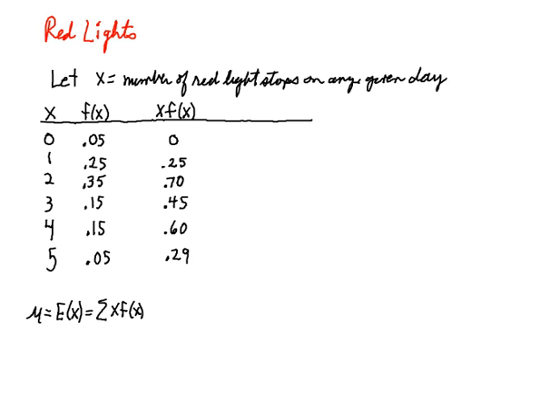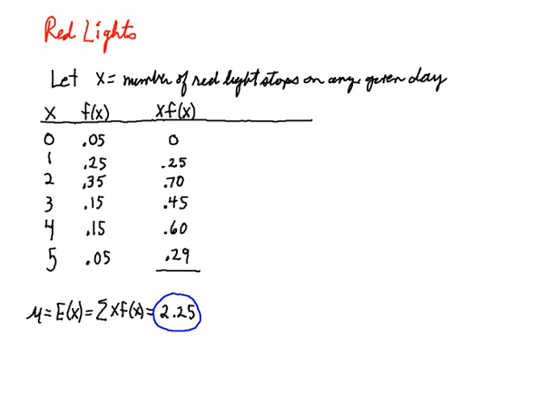0.25. So to add all of those together, add them all up, I end up with 2.25. So that is going to be the answer to the first question. What is the average number of lights that she will have to stop at on any given day?